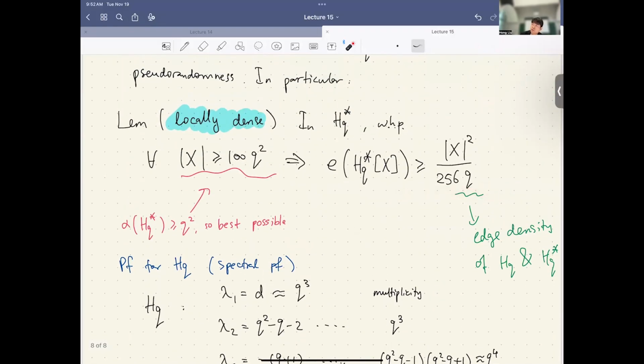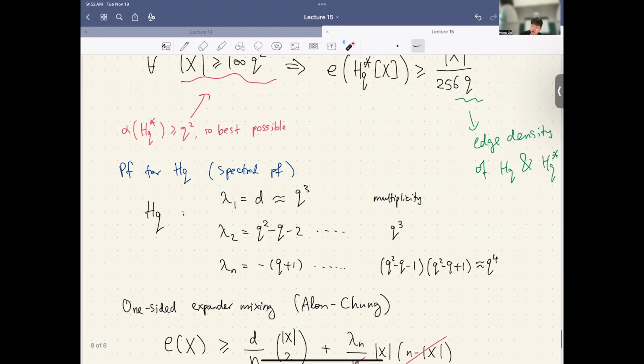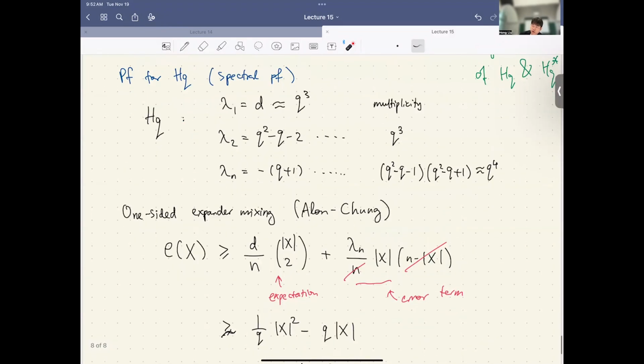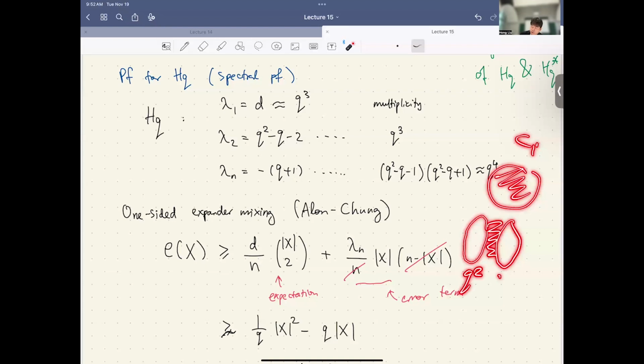And why does it fail for HQ star? It fails for HQ star because we replace the clique by a complete bipartite graph. Each side is Q squared. In particular, this K_{Q^2,Q^2} graph has minimum eigenvalue negative Q squared, since it's a bipartite graph, right?